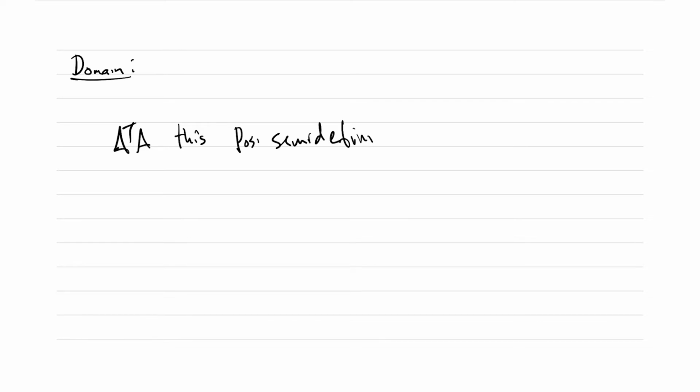Now let's figure out what needs to be in our domain. We want to break up our domain into orthogonal pieces. So we take a look at A transpose A, and this is positive semi-definite and symmetric. Sometimes symmetric is included in the definition of positive semi-definite.